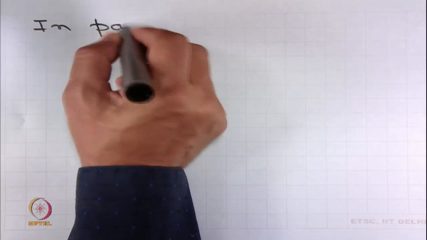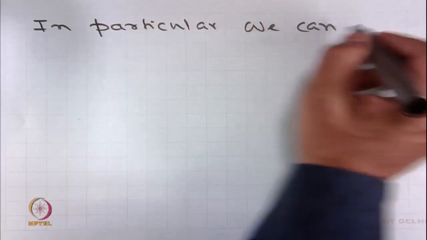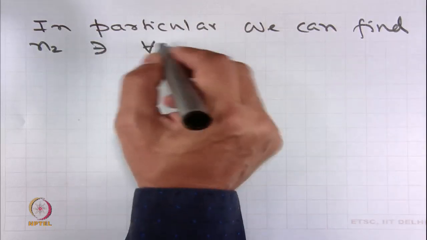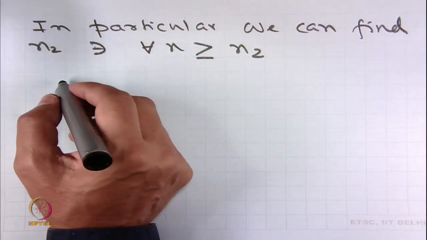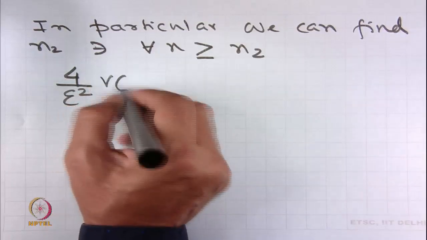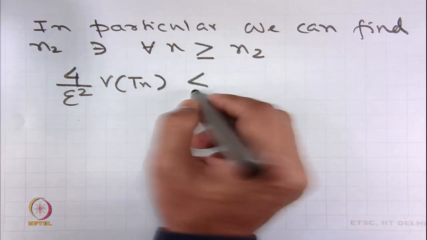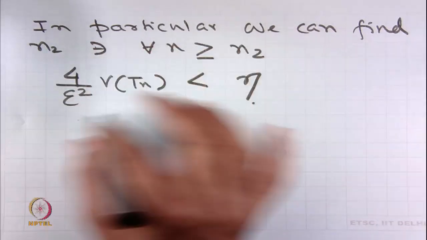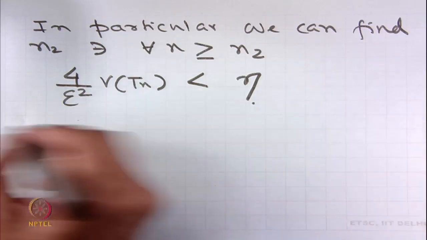In particular, we can find n2 such that for all n greater than or equal to n2, 4 by epsilon square into variance of T n is less than eta. This is possible because this quantity is going to 0 and eta is fixed, that is given to us.